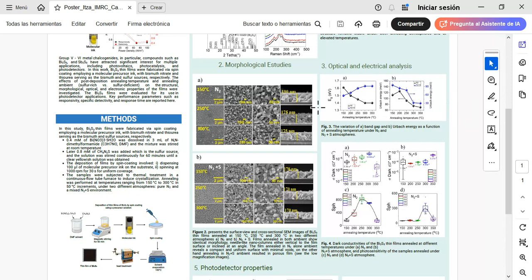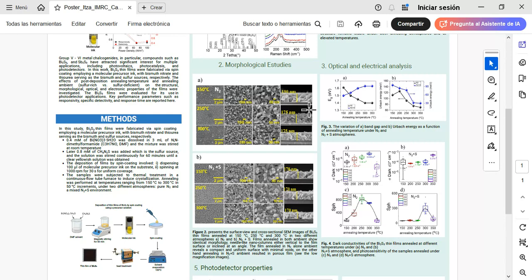The optical band gaps of bismuth sulfide samples annealed in nitrogen range from 1.6 to 1.4 electron volts as temperature increases, while those annealed in nitrogen plus sulfur range from 1.5 to 1.62 electron volts.